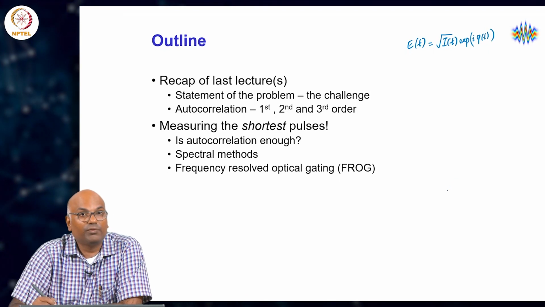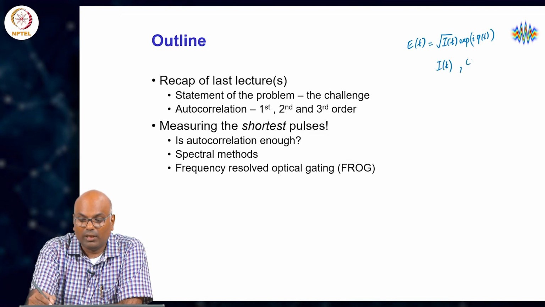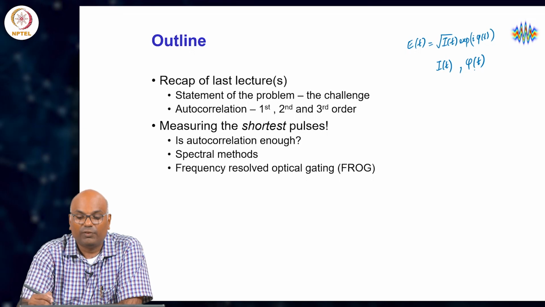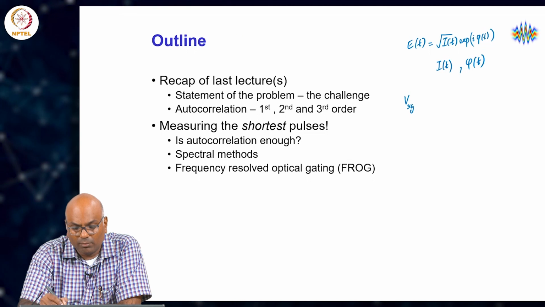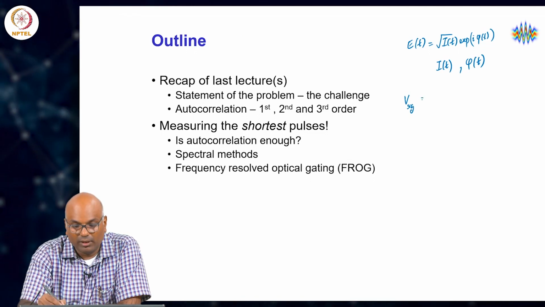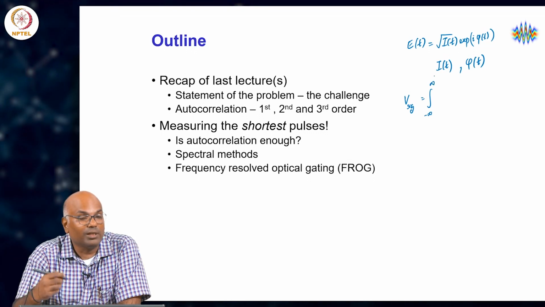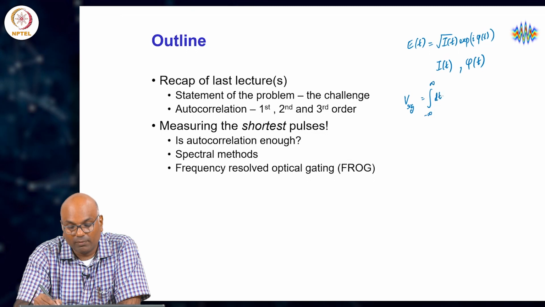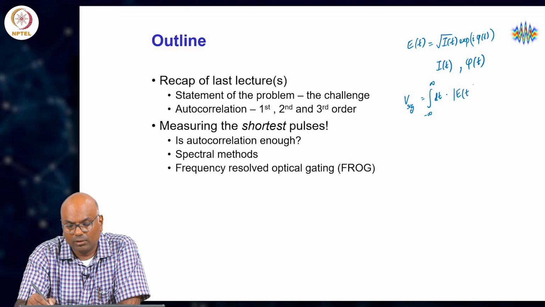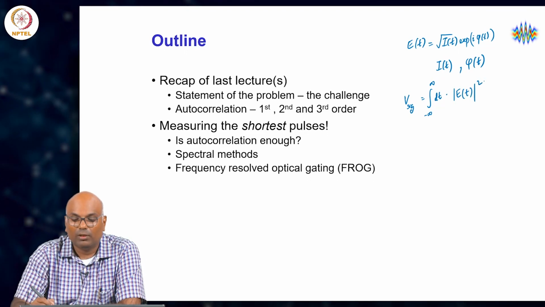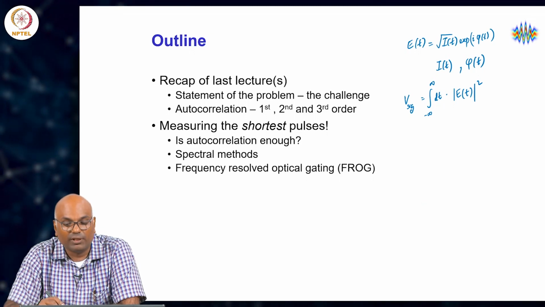So, knowing the electric field completely means knowing both I of t and phi of t, but we also realized that the signal measured by a detector essentially is, as far as the durations of these pulses and the optical cycle is concerned, something which is proportional to a quantity like this. So, therefore, all time sensitivity is lost.